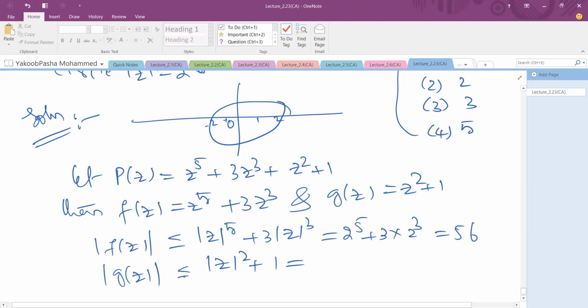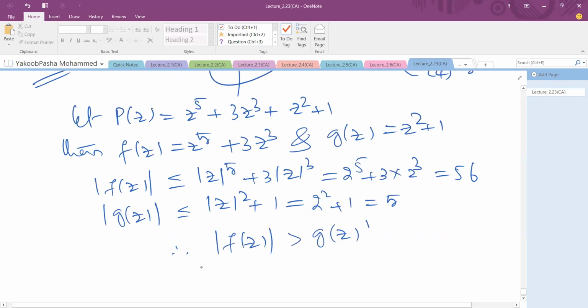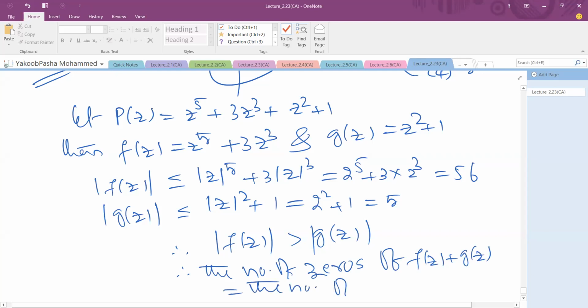Therefore, the number of zeros of f of z plus g of z, which is nothing but p of z, is equal to the number of zeros of f of z.